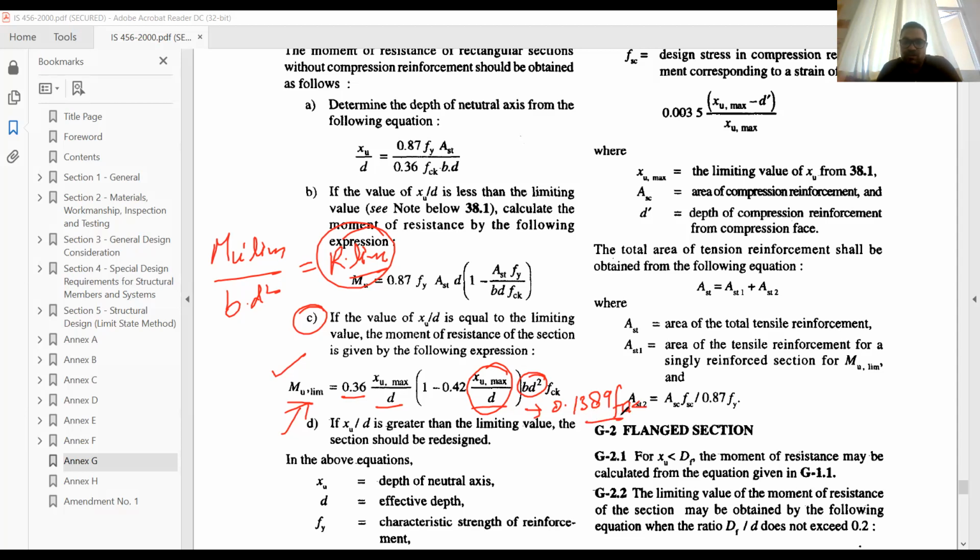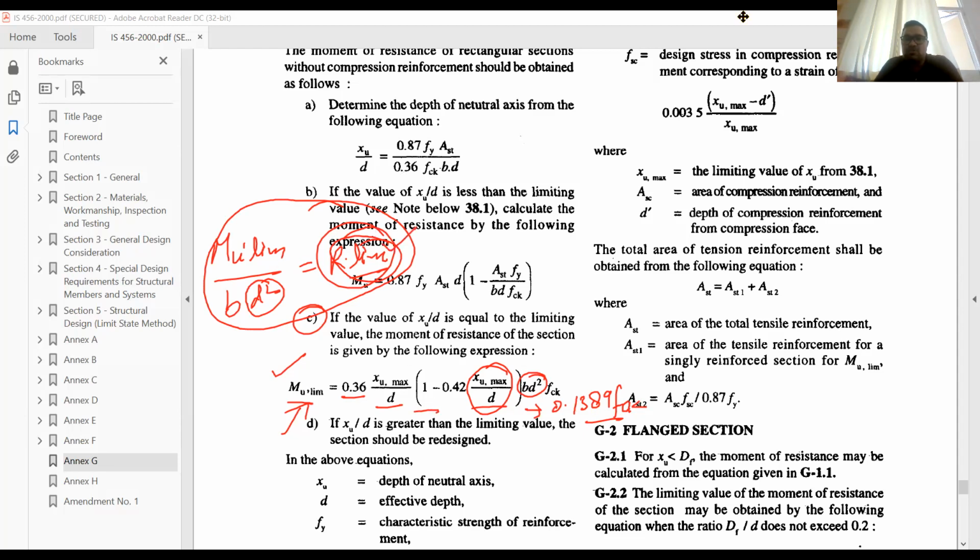So this 0.1389 fck is actually the R limiting. Using this relation, we can easily calculate the value of D. We have already used this practice in the previous lectures, but here I have just changed the whole content into R limiting.